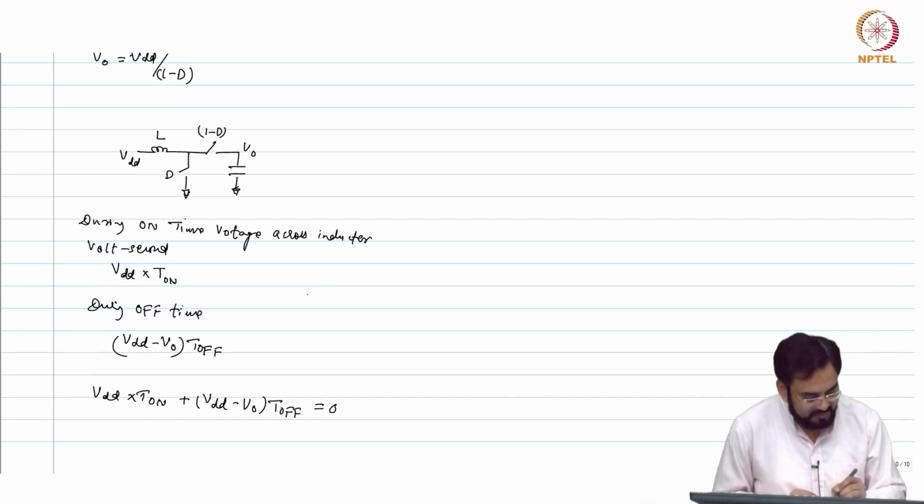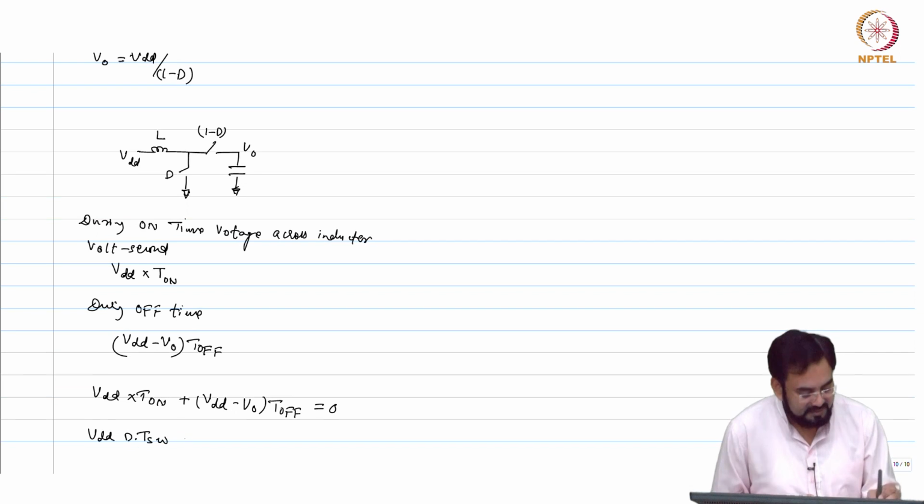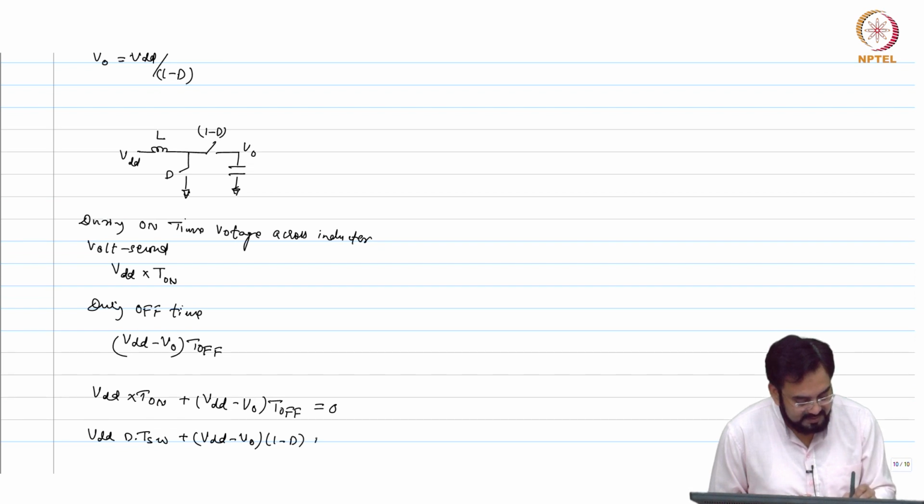So now VDD into T on, let's write in terms of duty cycle. So your VDD D times TSW, okay, plus VDD minus V out times 1 minus D times TSW equal to 0.